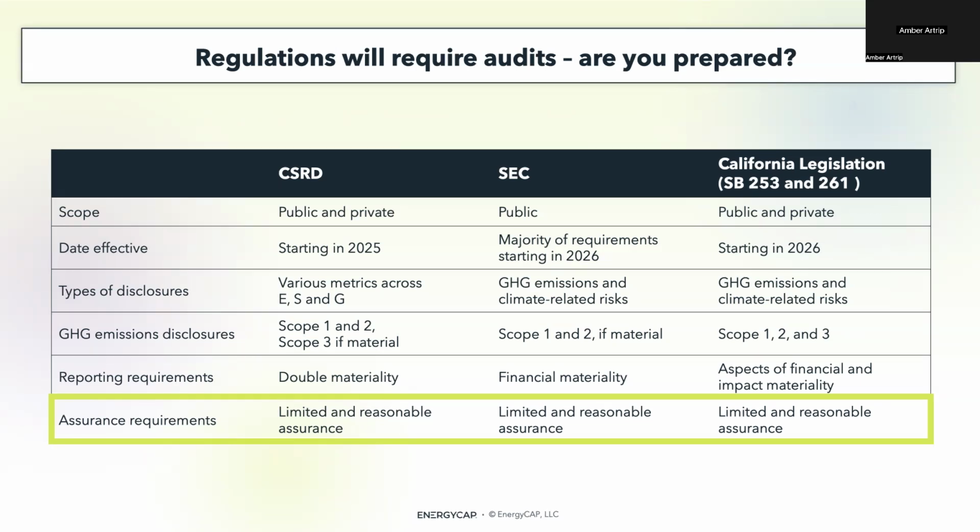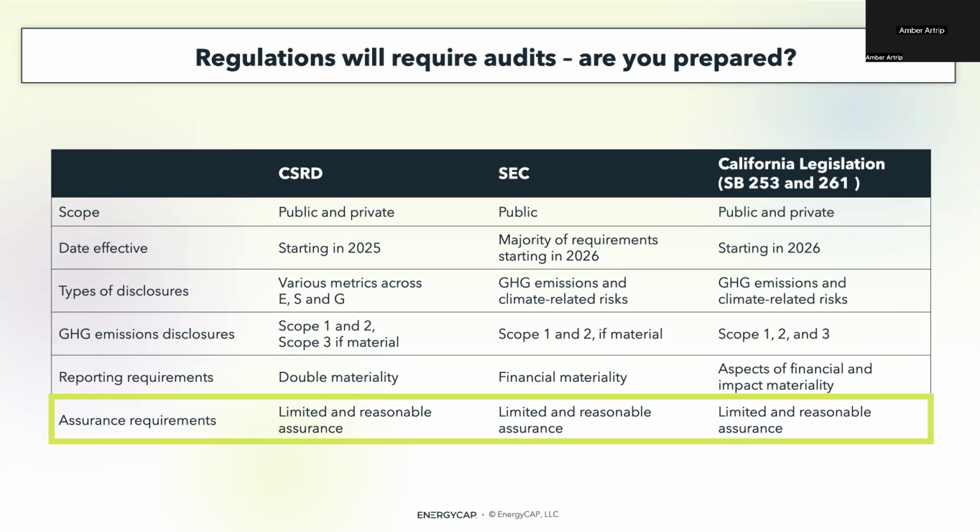It's on hold right now, but the SEC is adamant in standing by the legislation, so when it does pass, it's going to require scope 1 and 2 emissions reporting, and in some cases, scope 3 if material. And then, of course, there's legislation in California for public and private companies over a certain size that do business in California, starting in 2026, that will require scope 1, 2, and 3 emissions if material.